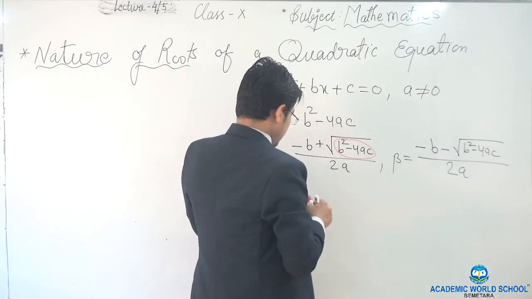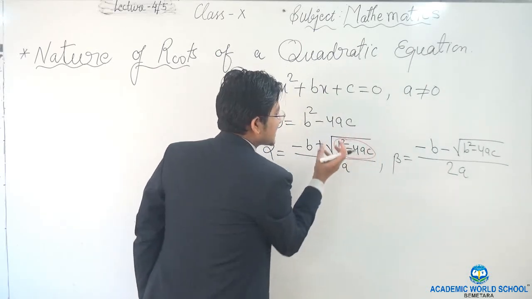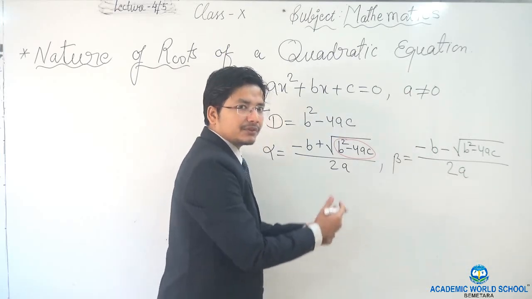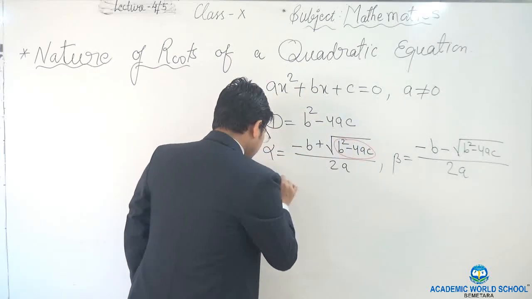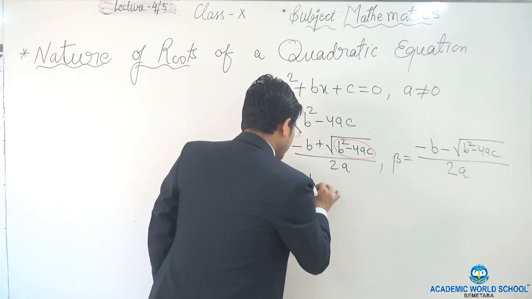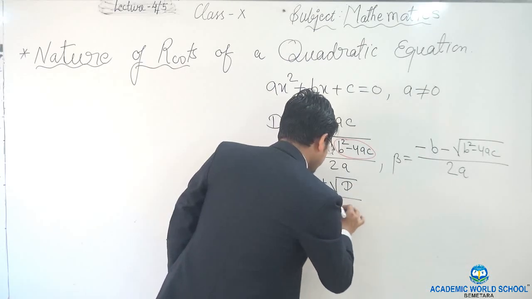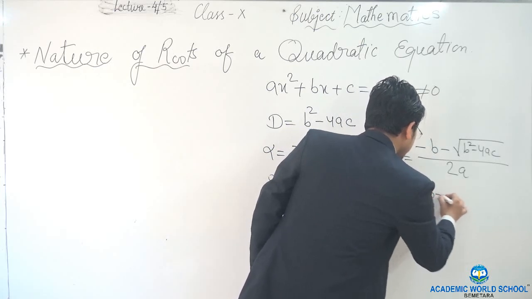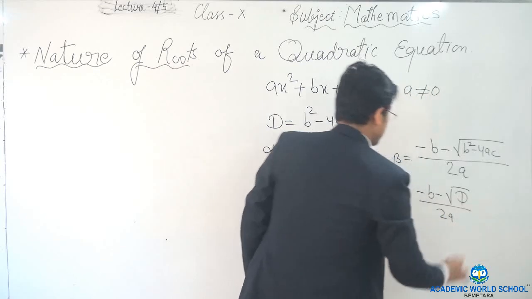This term, the root over b² − 4ac, is a key decider. This will decide the nature of the roots. So we can write this as D. So alpha is equal to (−b plus root over D) upon 2a, and beta will be equal to (−b minus root over D) upon 2a.